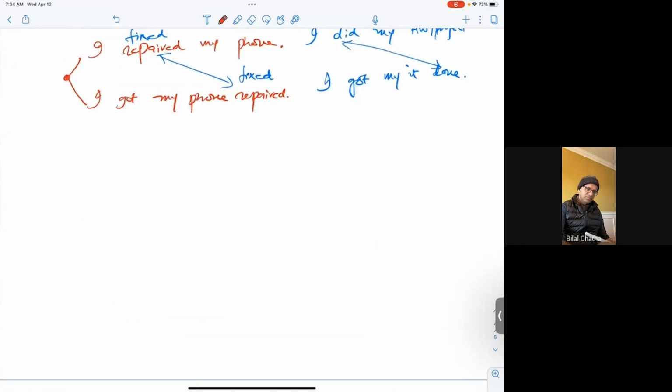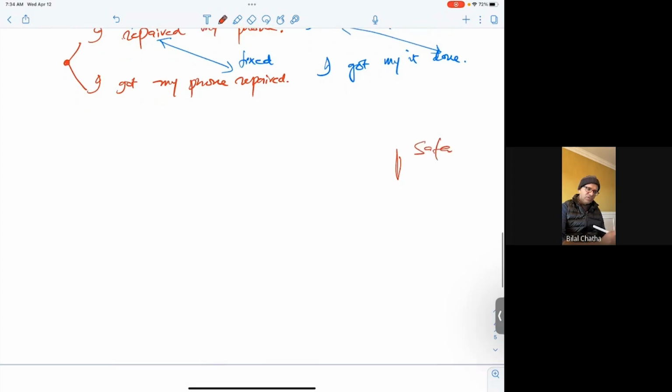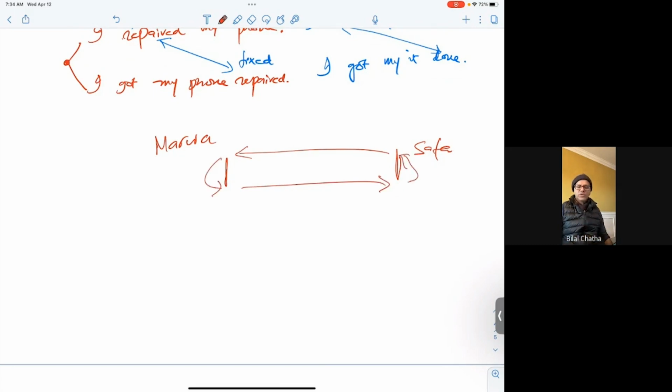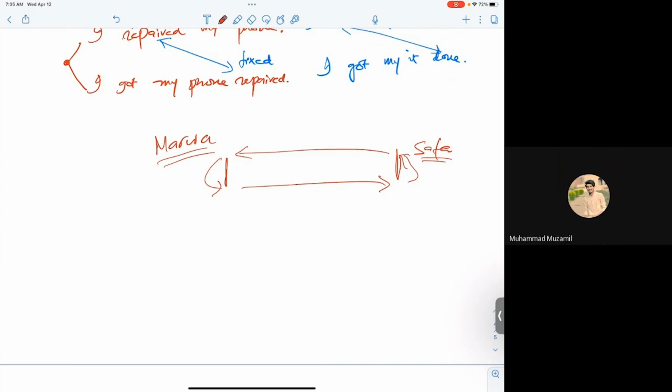So we have Safa and we have Marwa. What is the word we will use here? Revolve is close, but it is not the correct word. Anybody else?